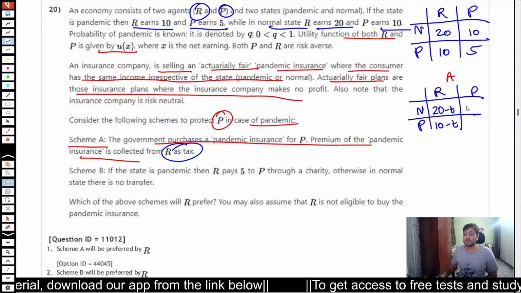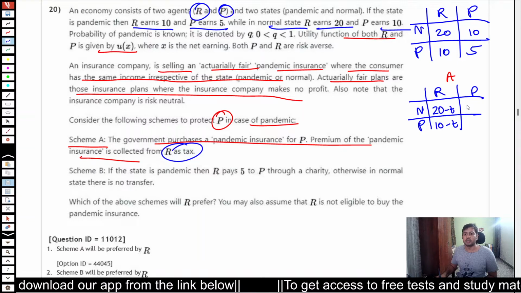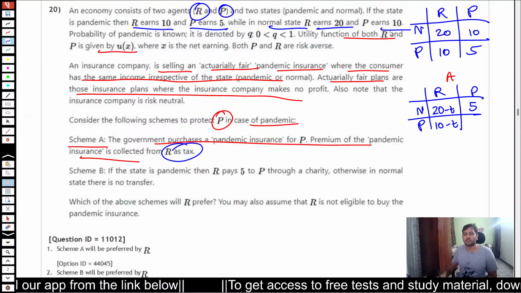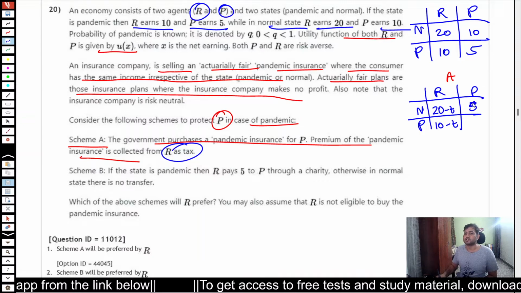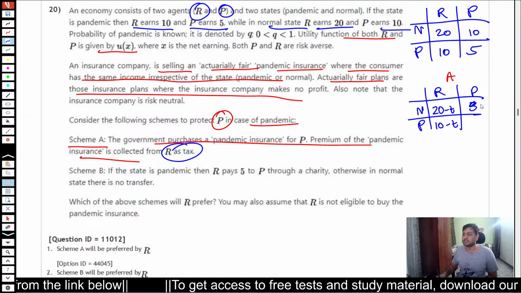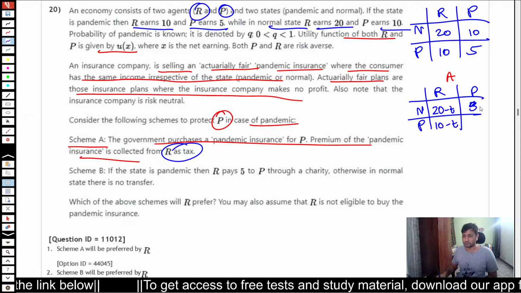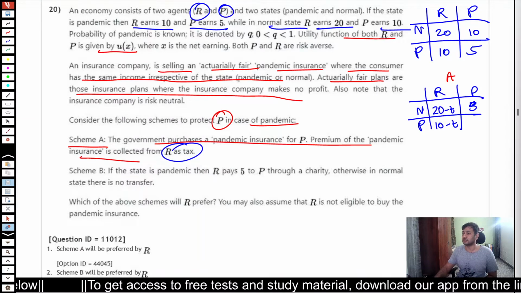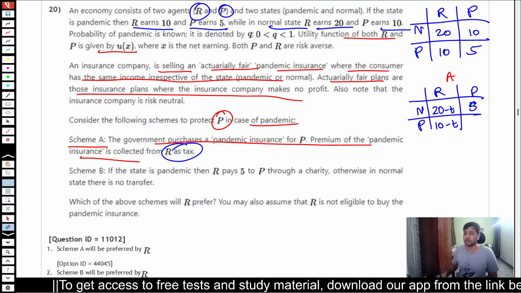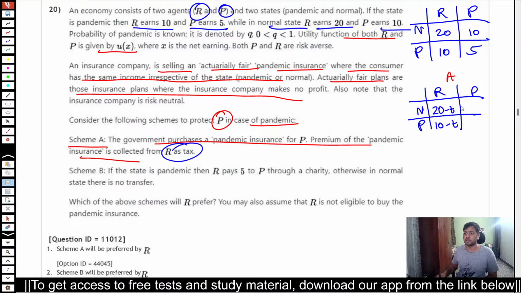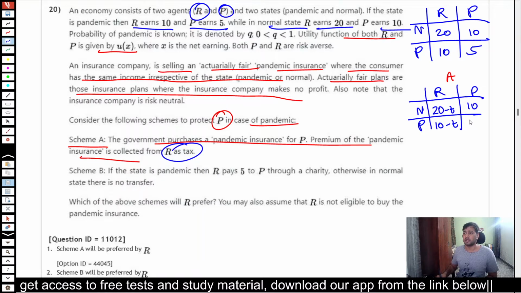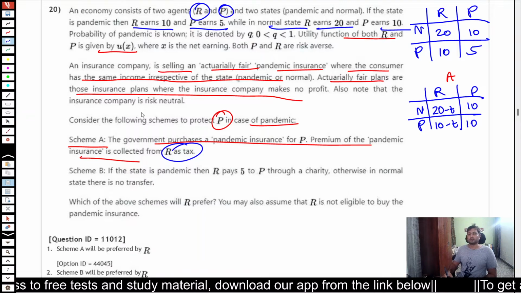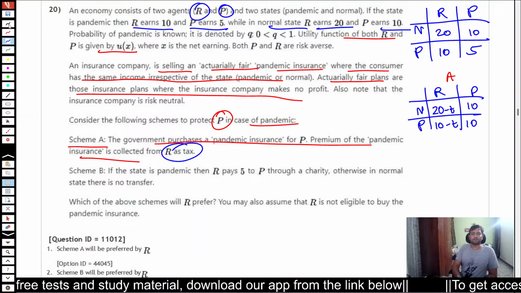The point of actually fair insurance is that in the normal state, the income he is earning is 10 rupees. So whatever income this guy is earning, that is 10 rupees, the same he will continue to gain in the second period as well. So 10 rupees here and 10 rupees here. So that is scheme A.